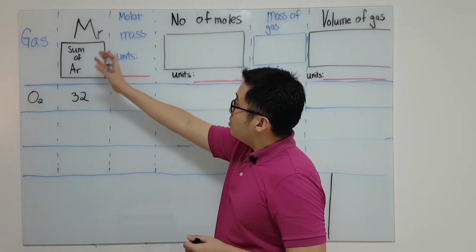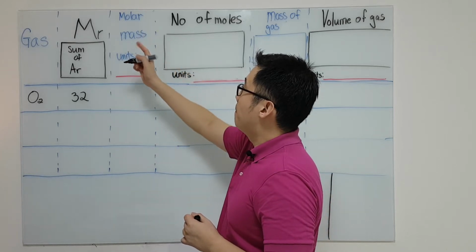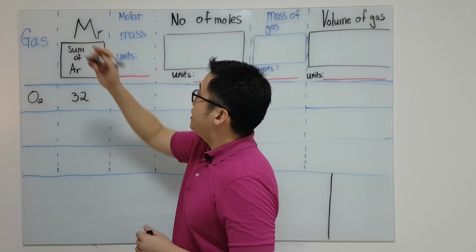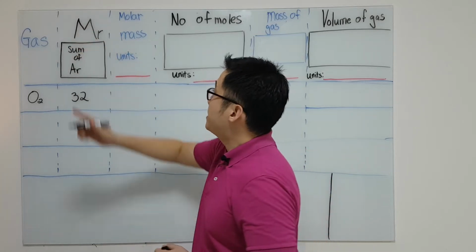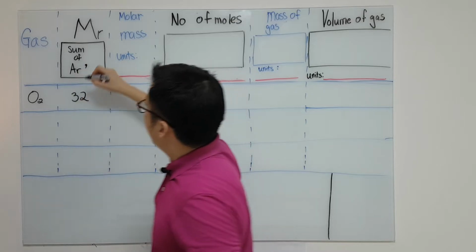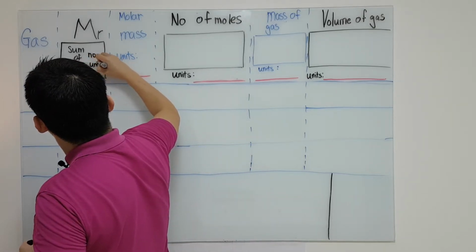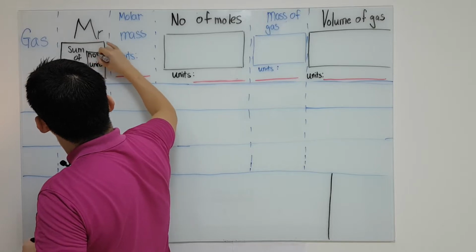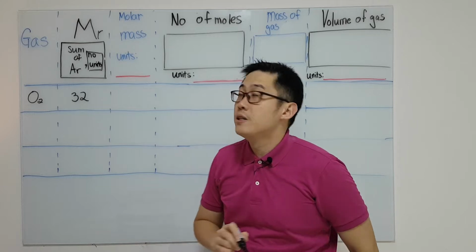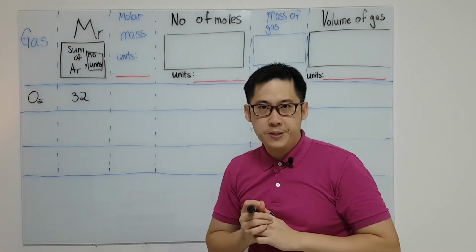Now, we also learned in the previous chapter this concept called molar mass. Unlike your relative molecular mass, which has no units, your molar mass has units.